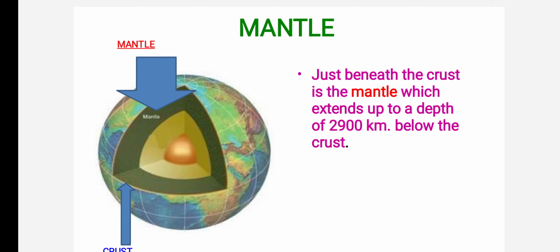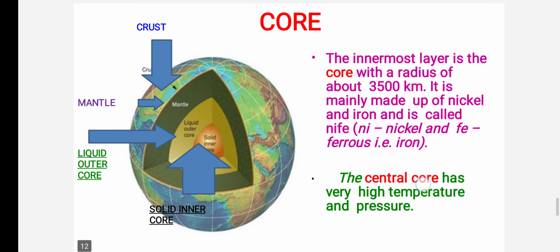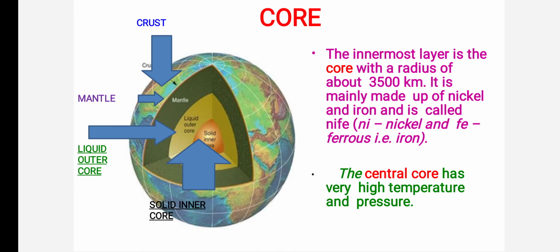Now comes the mantle. As I told you earlier, the mantle is a layer just below the crust, extending up to a depth of 2,900 kilometers. So its depth is about how many kilometers, children? 2,900 kilometers below the crust. Now let's see the core. Core is the innermost layer of the earth, children.